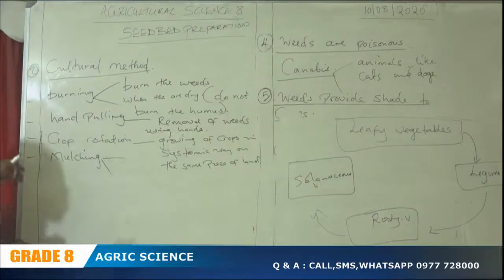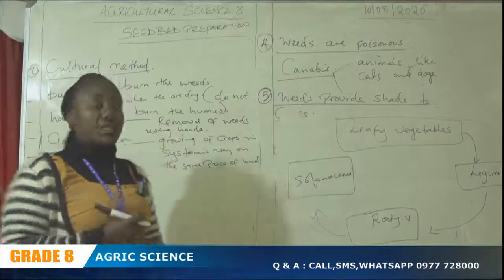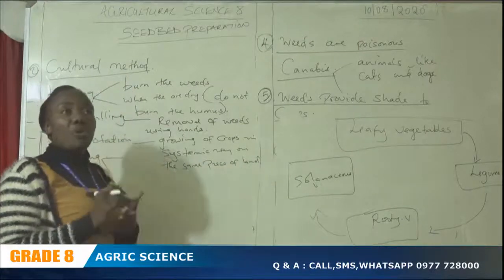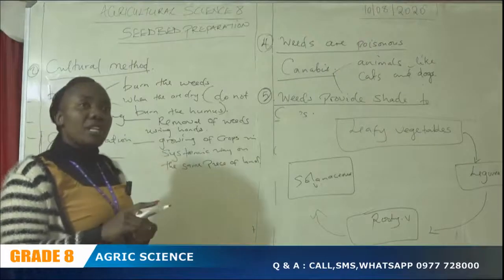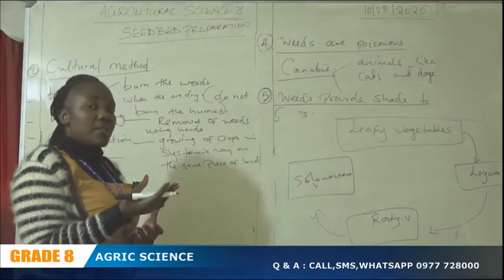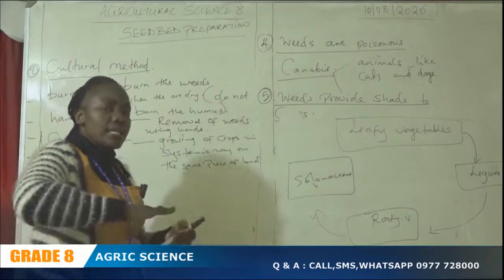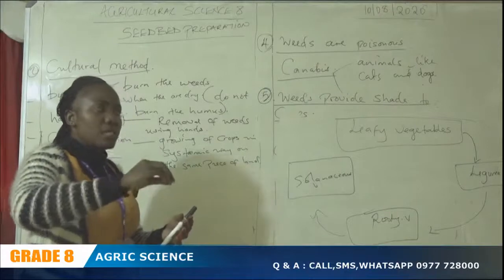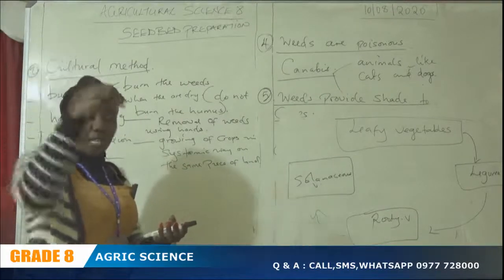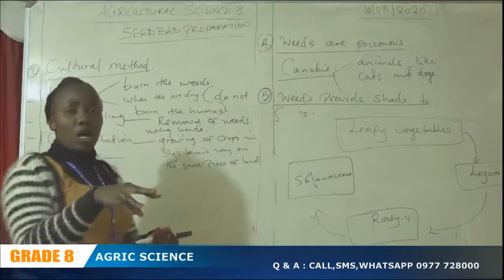I'll give an example of dry grass. When we cut dry grass, we heap it, we grow vegetables. When the seedlings have germinated, we add a light mulch on top, just a bit of grass, to avoid too much sunlight hitting the seedlings, because those seedlings are not yet strong, okay?